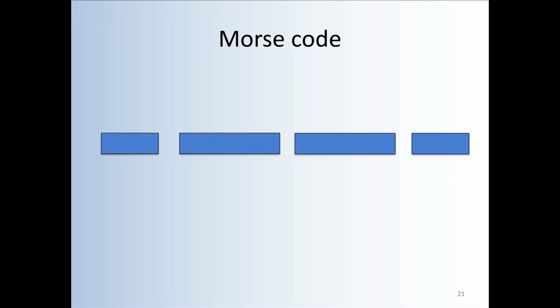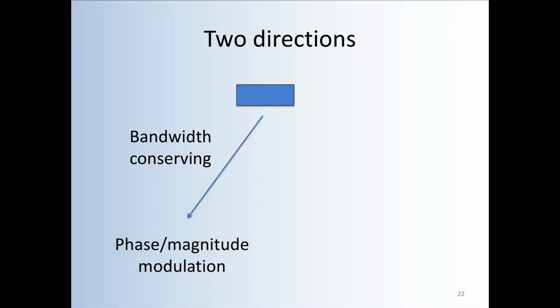So 100 years later or so, when we had the electronics and we came back to the idea of communicating digitally, we took this basic idea and added another wrinkle to it, which was to add phase and magnitude modulation to this simple bundle of energy. Think of it as a short piece of a sinusoid or carrier signal, and we added phase or magnitude modulation.